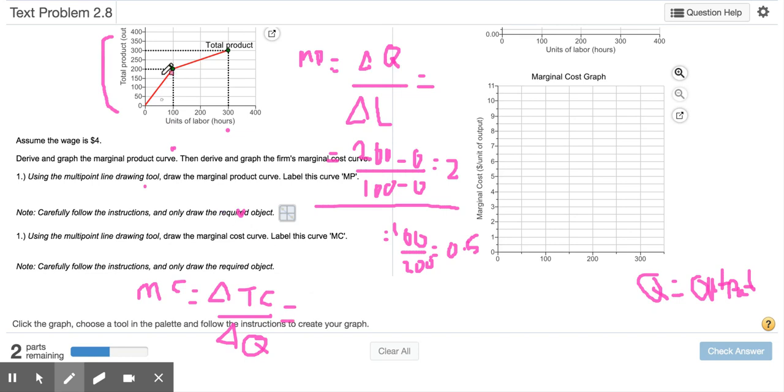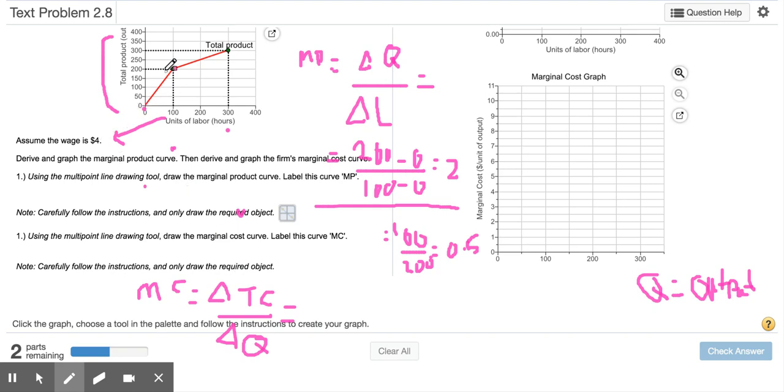To produce 200 units of output, we need 100 units of labor. Each unit costs us $4. So total cost is 4 multiplied by 100 to produce 200 units of output. To produce 0 units of output, total cost is equal to 0.